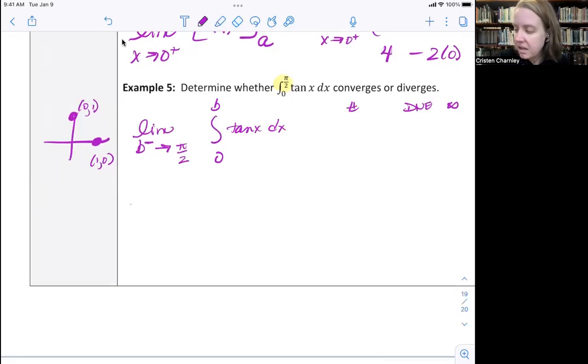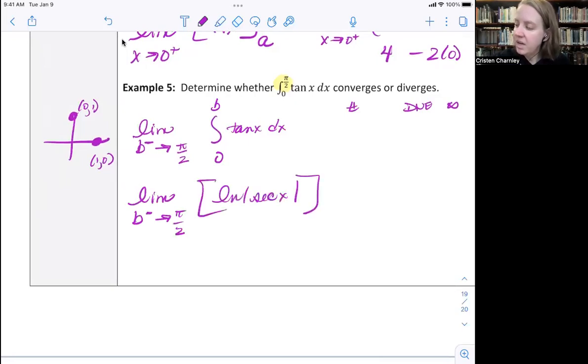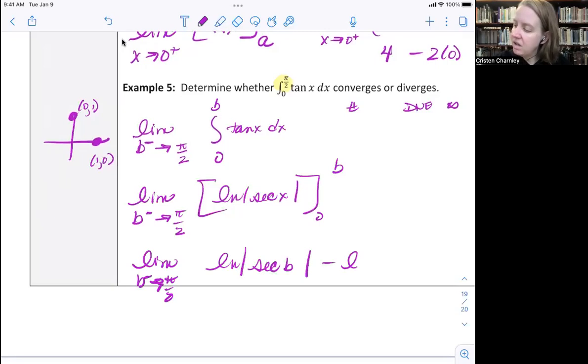So this is the limit as b from the left approaches pi over 2 of natural log secant x between 0 and b. So the limit as b approaches pi over 2 from the left of natural log secant of b minus the natural log secant of 0.